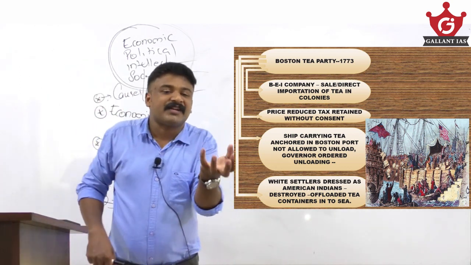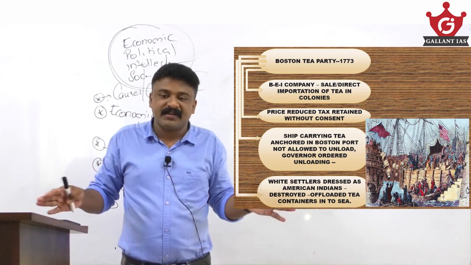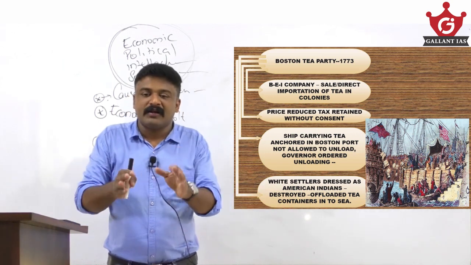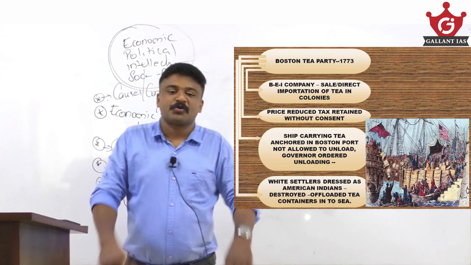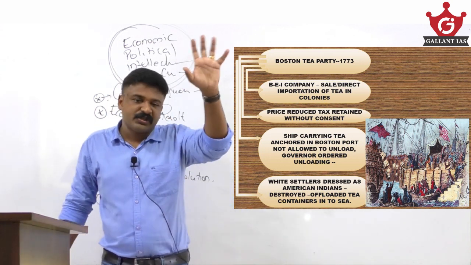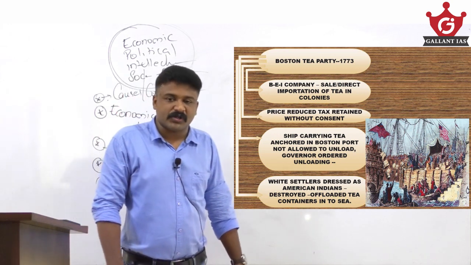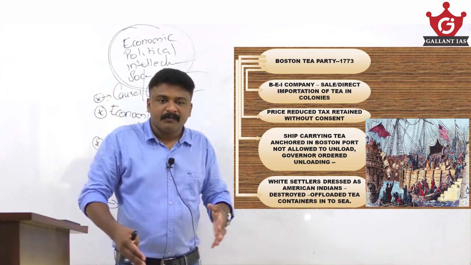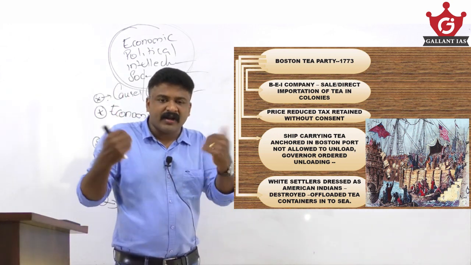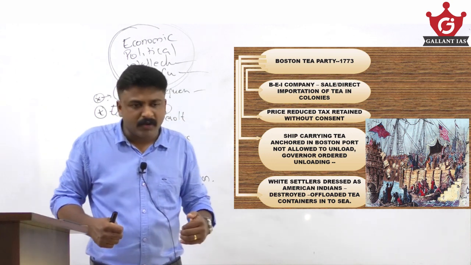Other taxes were removed, but this tax continued, just to show that Britain has the privilege and right to impose taxes upon these American colonies. Then the American protesters and agitators became angry, because this is a far off, distant government, and how dare they impose taxes upon us.